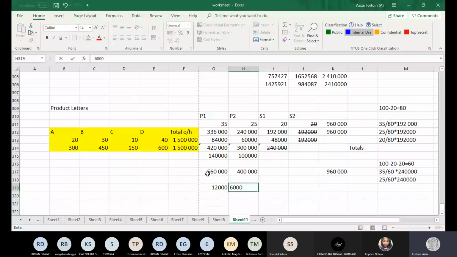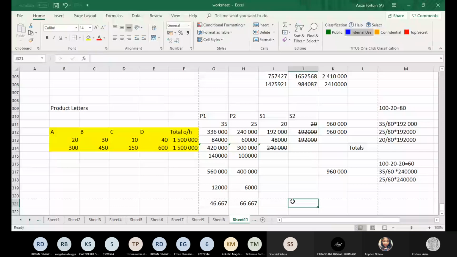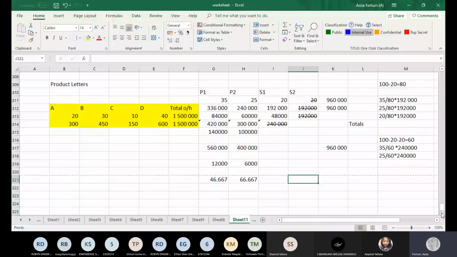So you say 560,000 divided by 12,000, and you get an amount of 46 Rand, and 400,000 Rand divided by 6,000 hours, you're going to get an amount of 66 Rand. Can you see? Not that difficult. Let's go to the tutorial guide and look at an example.